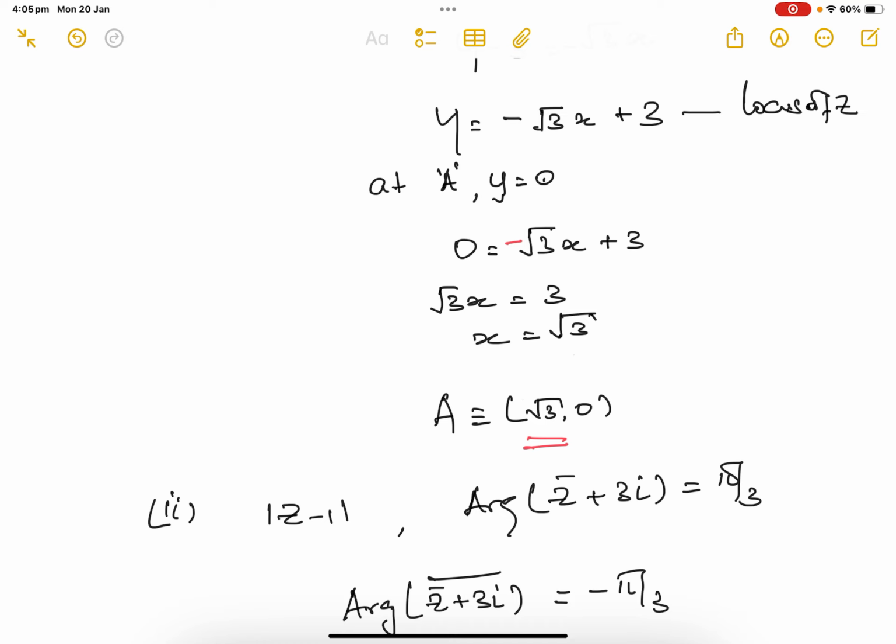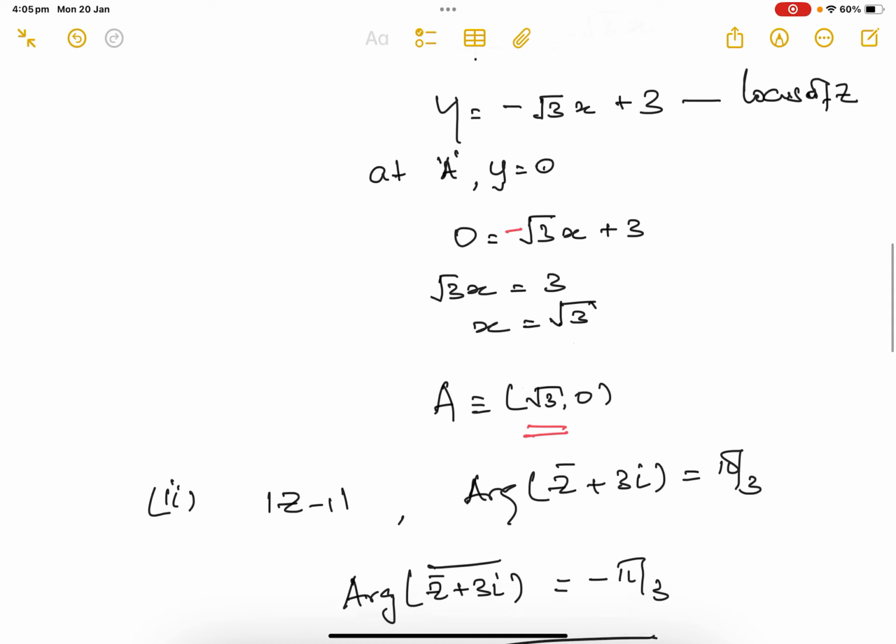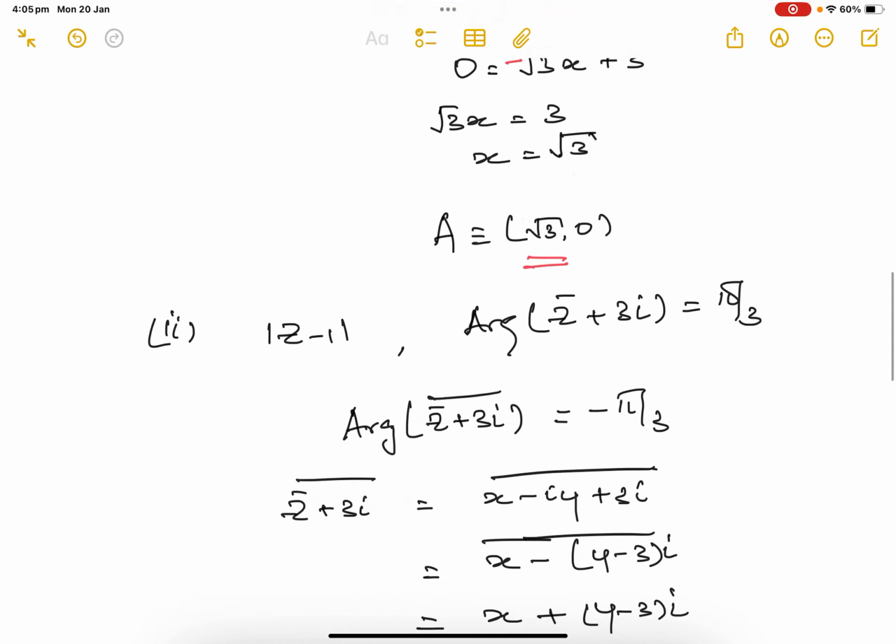Then root 3 x equals 3, so x equals 3 over root 3, because 3 equals root 3 squared. The root 3 cancels, leaving root 3. So the coordinates of A are (root 3, 0), on the real axis.